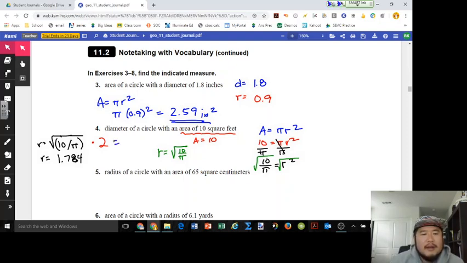And your final answer right here is going to be approximately 3.57 feet. And this right here is your diameter.